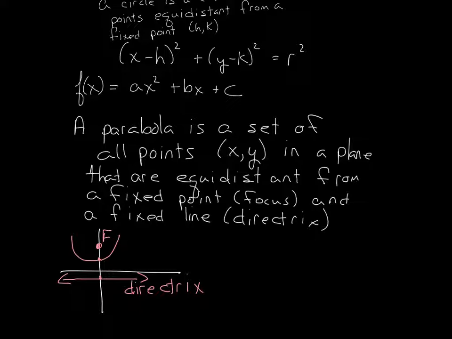So every point has the same distance from the focus to the directrix? Yes, I didn't draw this correctly, but if I had drawn it accurately, the distance from the point to the directrix would be the same as the distance from the point to the focus.